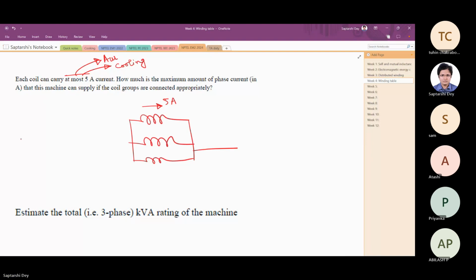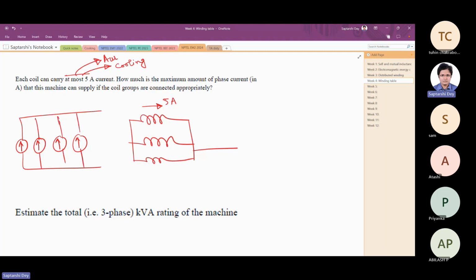Understandable, no? Forget coil. Since we have been told that they can carry at most 5 ampere, let us consider them as current sources of equal currents, all of them 5 ampere. Now you want the maximum current out of it. What would you do? You would parallel them. Then only you get the maximum possible current, which is the summation of all the currents.